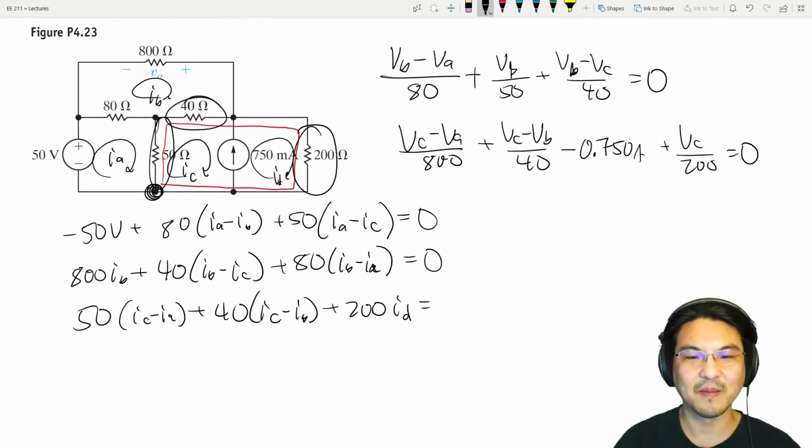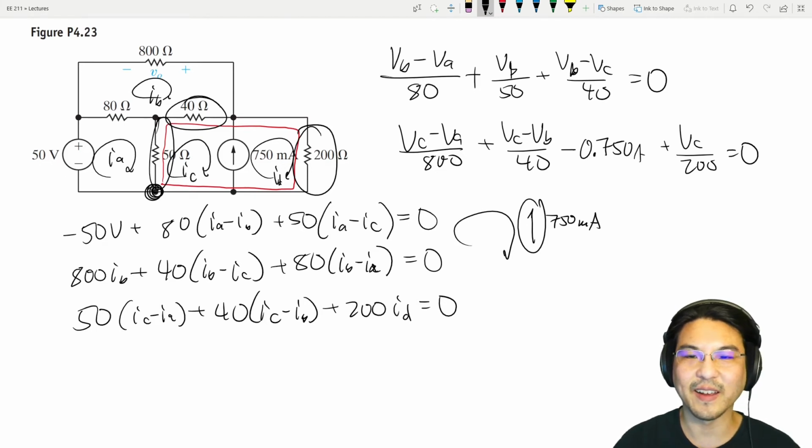Okay, and then there's a relationship between mesh current IC and mesh current ID. Which one is more?